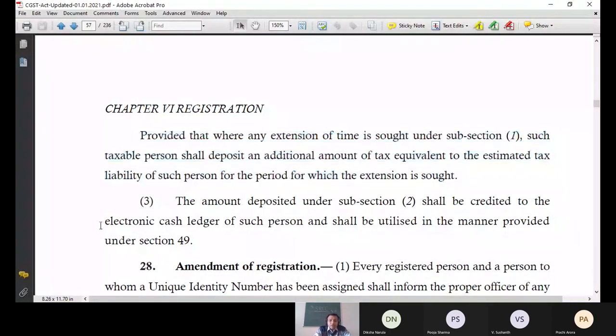And whatever amount you deposit, that will be reflected on the credit side of electronic cash ledger. That's it. That was only to show you the act. Now let me come back again to my notepad.